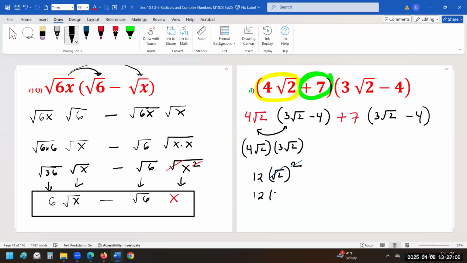So we get 12 times 2. And what is 12 times 2? 24. So only the first multiplication of the first 2 terms gives us 24. Let me change color and go to the next one. We have plus 4 radical 2 multiplying by negative 4.